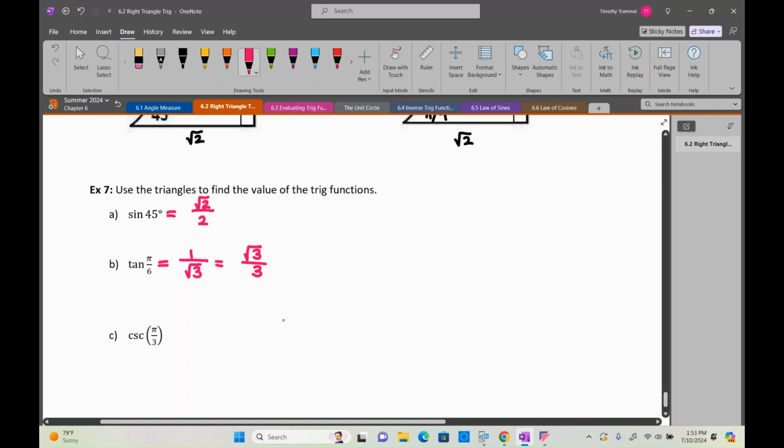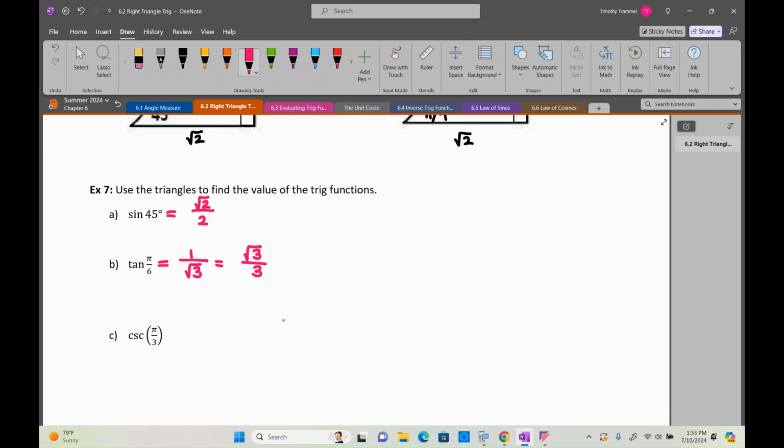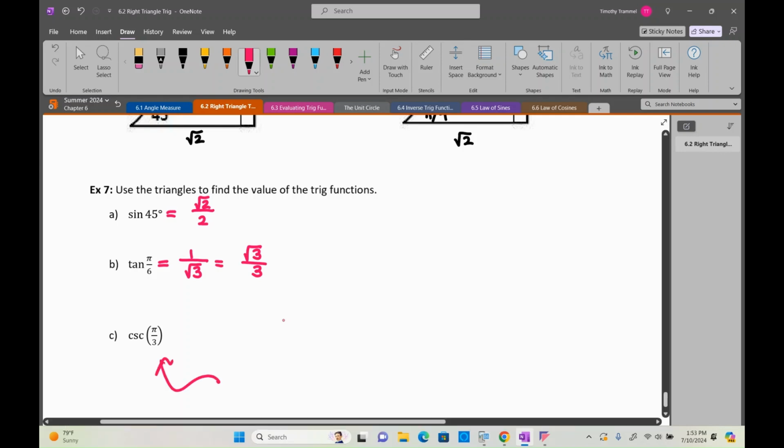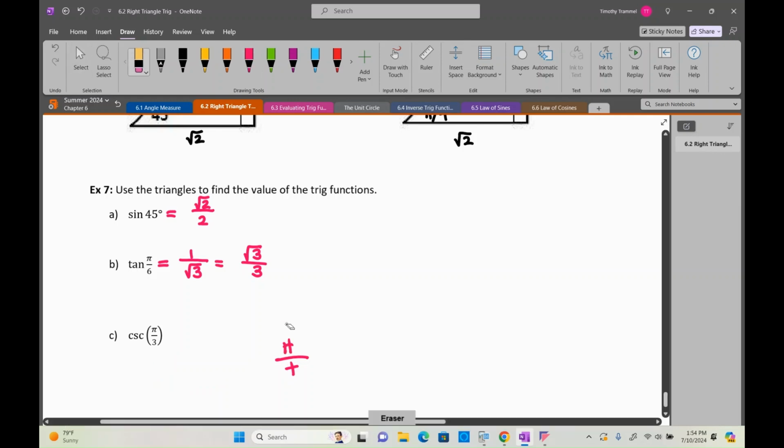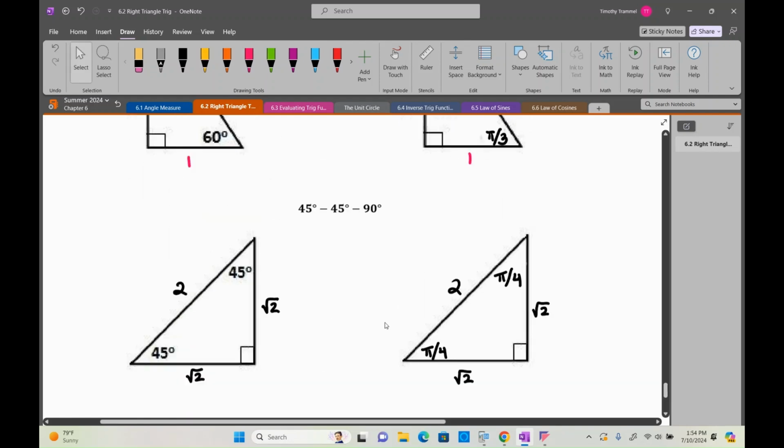Okay. And then lastly, cosecant. So what I usually think about first is I'll usually think about sine, which is opposite over hypotenuse, right? SOH, sine is opposite over hypotenuse, which would mean that cosecant then is hypotenuse over adjacent. Now we do need to go look at the triangle that has a π/3 in it.